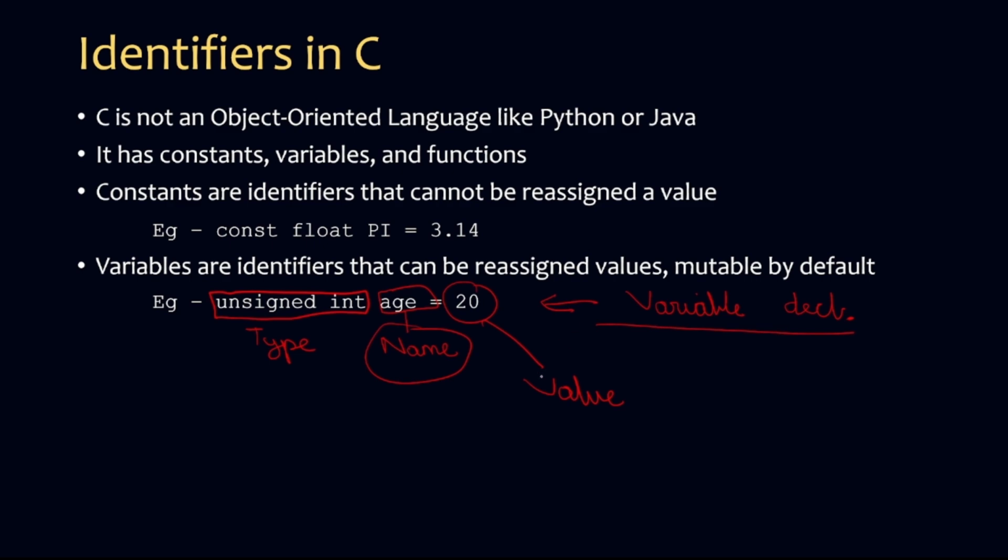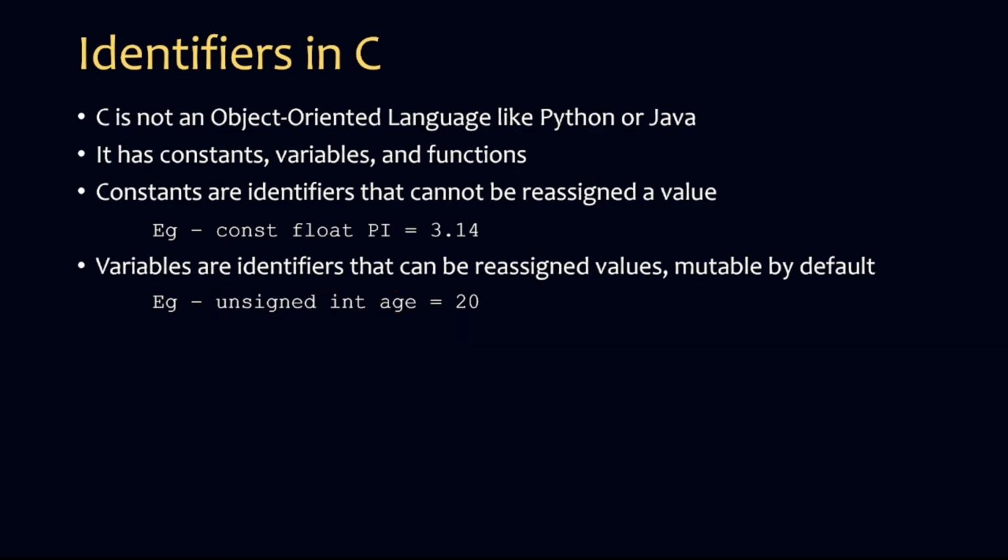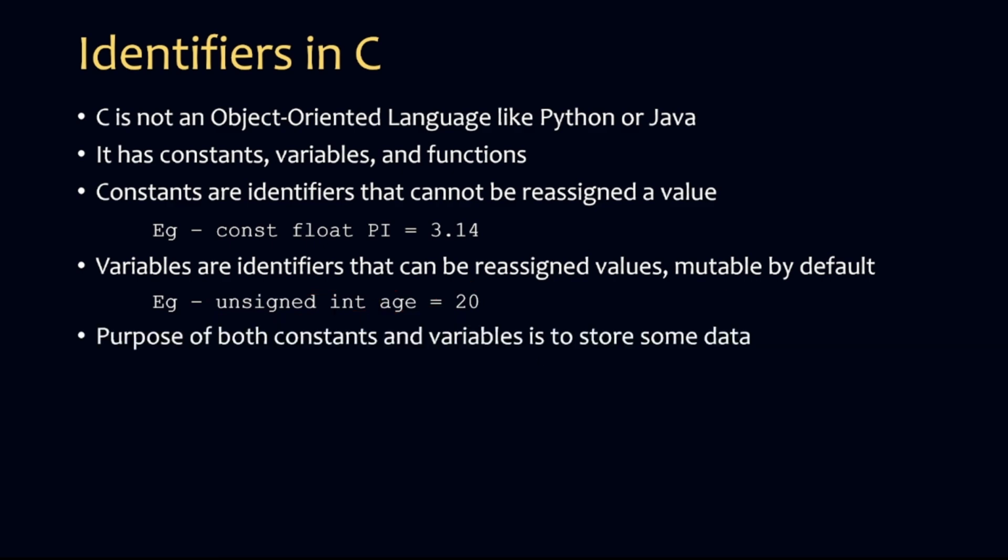I hope that wasn't confusing to you. So the purpose of both constants and variables is to store some data. Here we are storing the data 3.14, and here we are storing the integer 20 inside age. Both are used to store some data, but what if you want to perform certain actions?